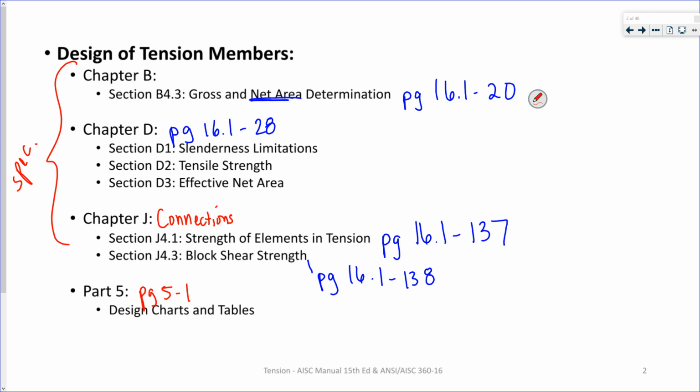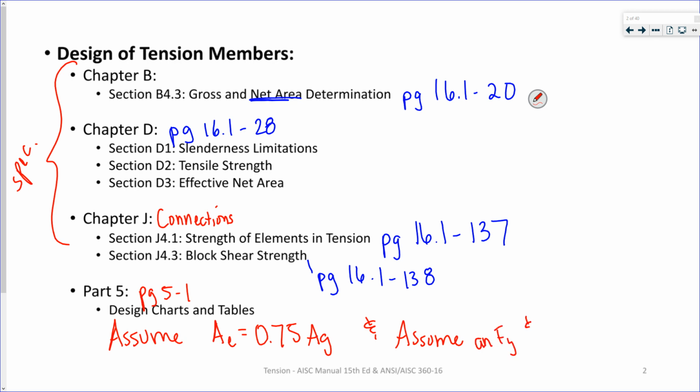The design charts assume Ae equals 0.75 Ag and assume an Fy and Fu. They assume material properties. So whenever using these charts and tables, remember what your assumptions are, is the bottom line.